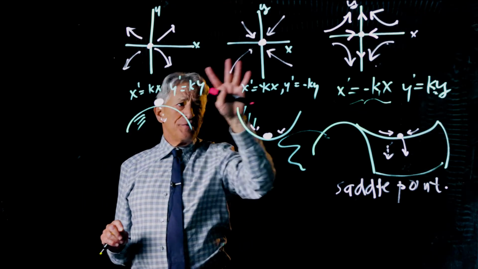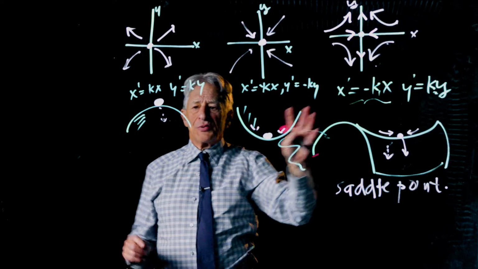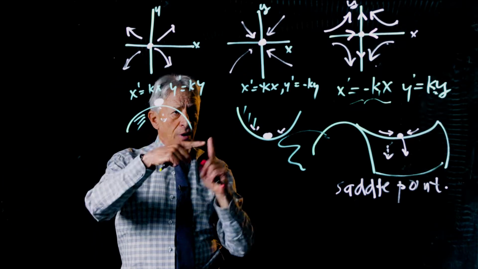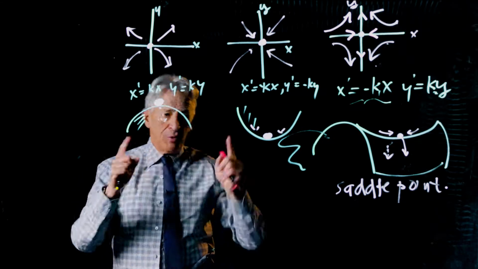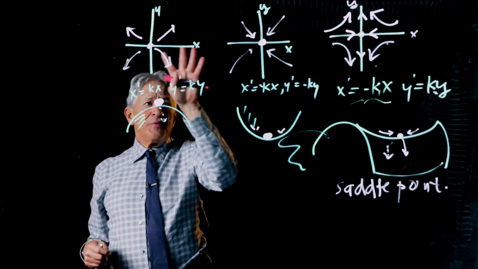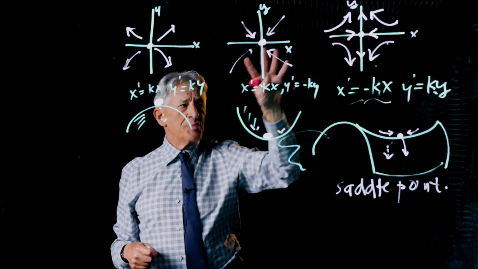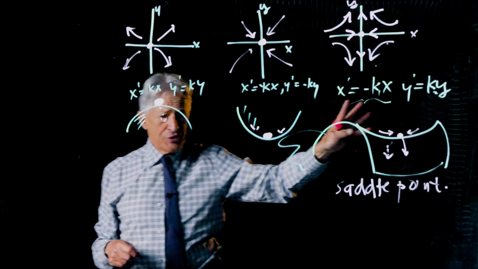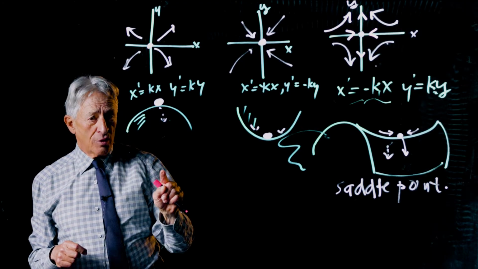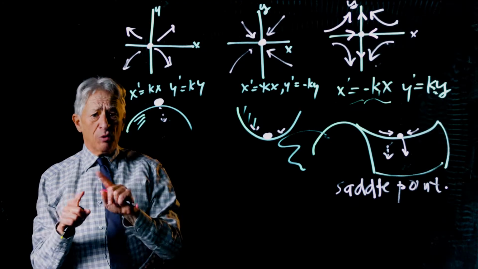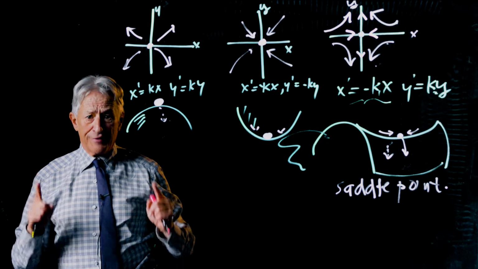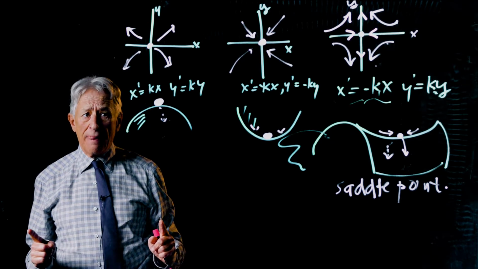So these three examples, the purely unstable, the purely stable, and the one unstable, one stable, giving you a saddle point, are the three types of simple linear equilibrium points, and therefore the three simple equilibrium points, period, because once again, all equilibrium points are linear equilibrium points.